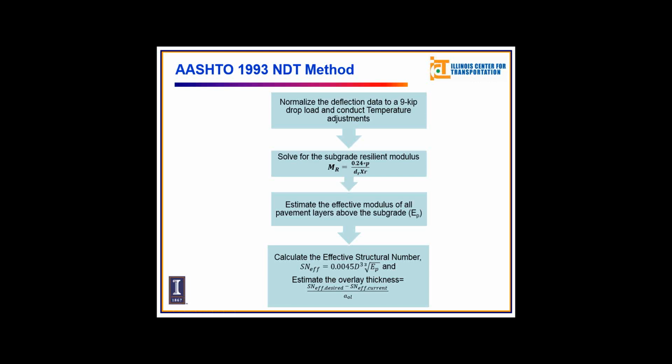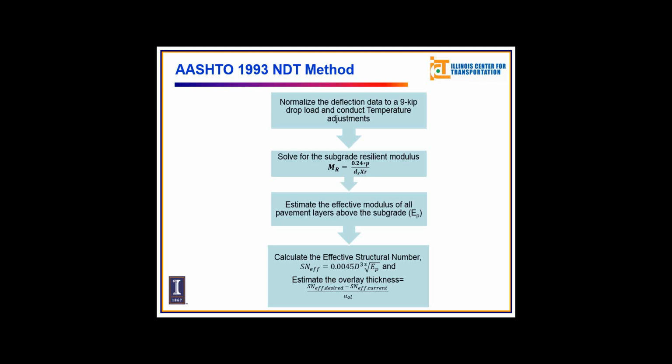So what it does is basically it assigns one structural number based on the layers above the subgrade, and then from the effective structural number, we can estimate the overlay thickness. So this procedure basically estimates the structural impact of the overlay in terms of effective structural number by adding the value of the overlay in a way that it was assuming that it was part of the original structure.